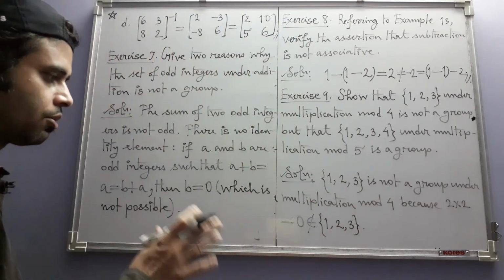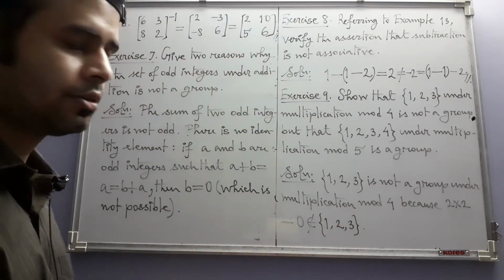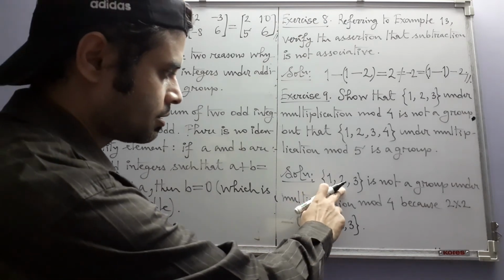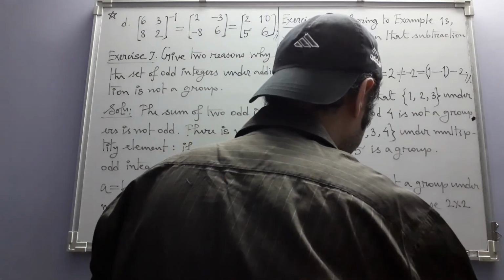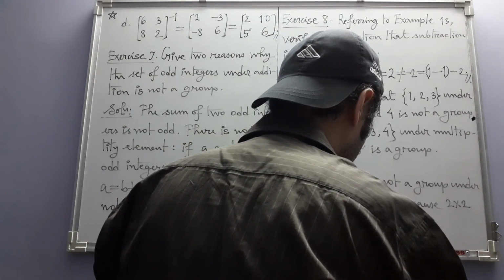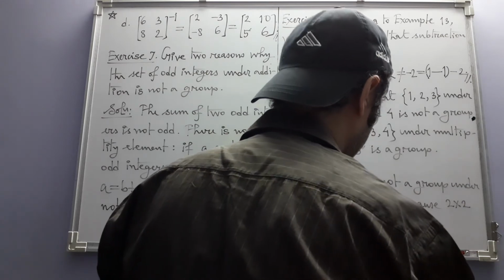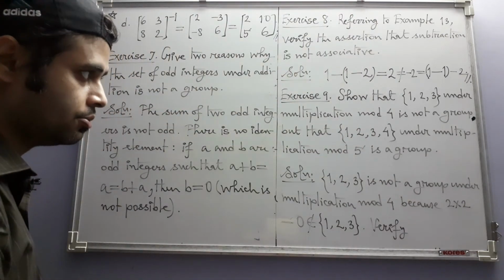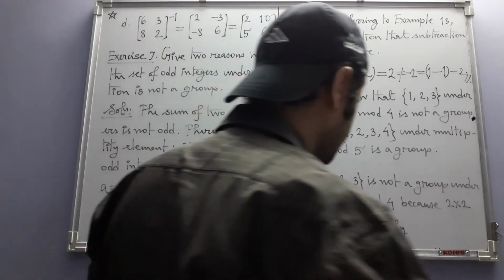So the operation is not even closed. So how can it form a group? I mean, how can this set be a group under that operation? Verify, or should I do this for you? Now I leave it to you.